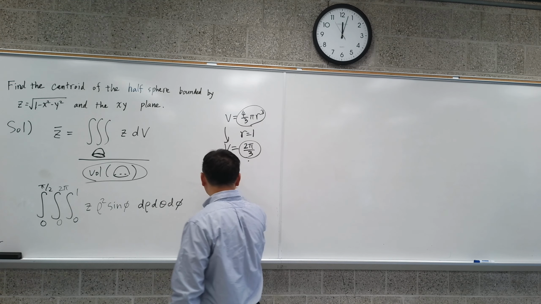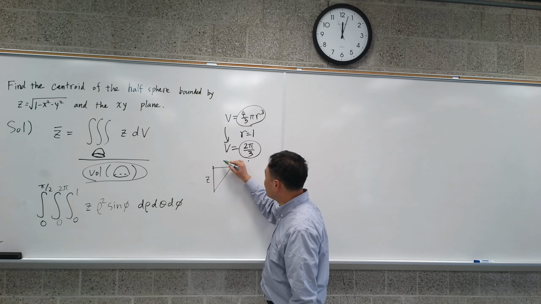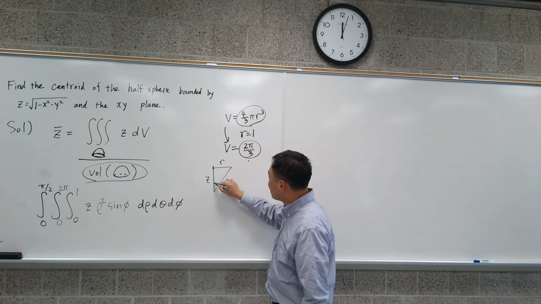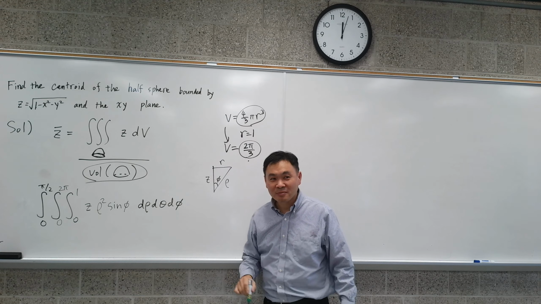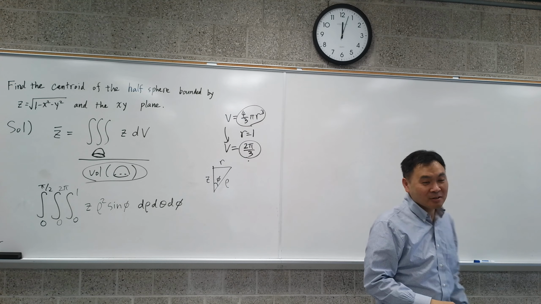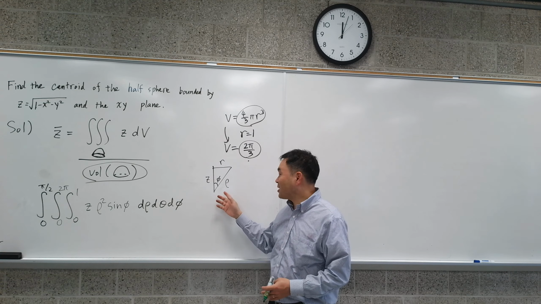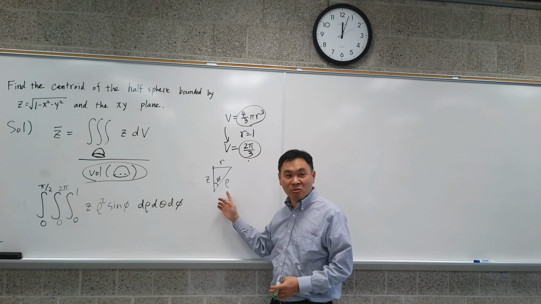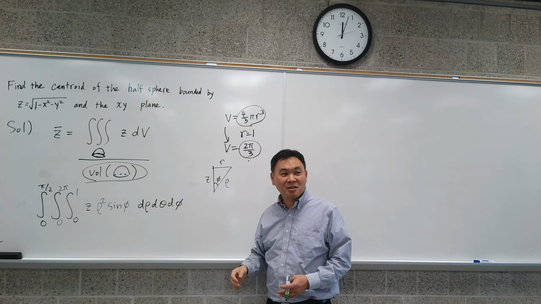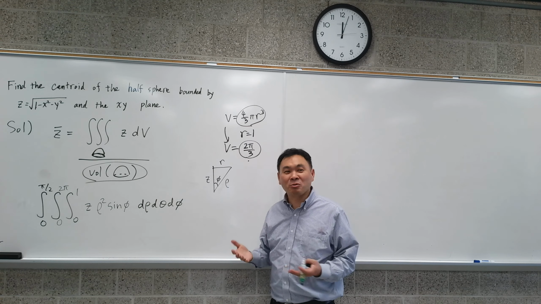So remember this picture. Z, R, rho, and then phi. There are two reasons why I keep drawing this picture. One is so that you can remember this picture instead of memorizing stuff. And the second reason is that I actually don't know the formula.